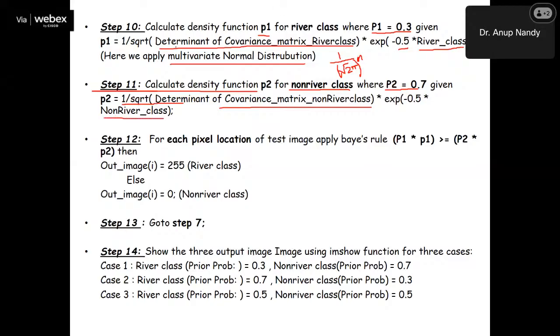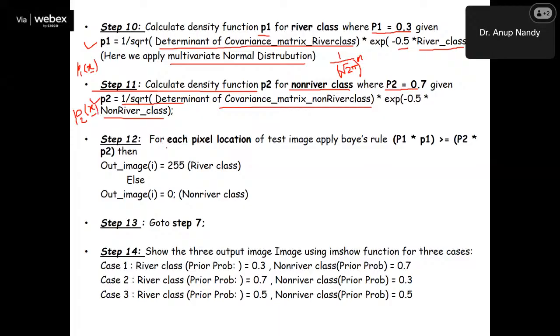So you have calculated this density function P1x and the density function P2x. Both the density functions you have calculated.